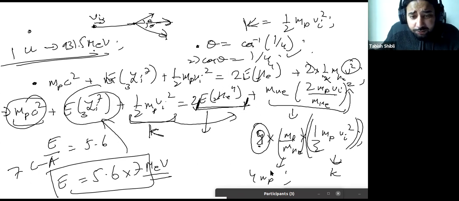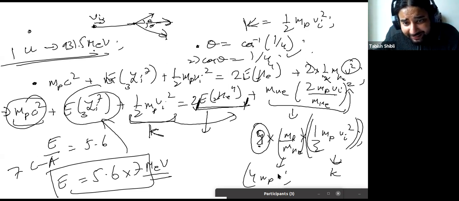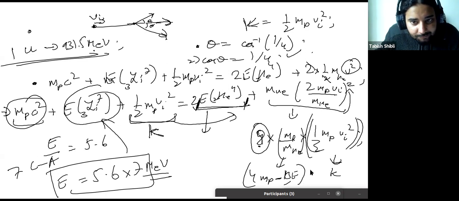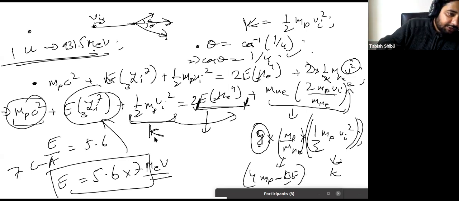Technically, what you will need to do is that this mass of helium would be 4 times the mass of the proton minus the binding energy, right? Ideally, you need to do that. And the binding energy is actually given to you, so it's better if you do that. You're given the binding energy.